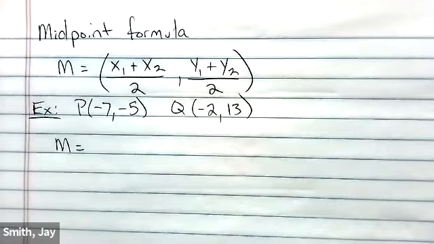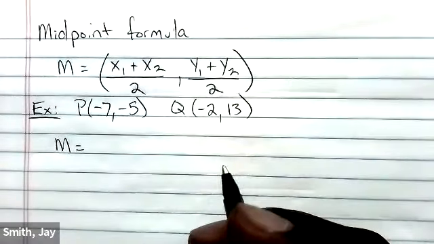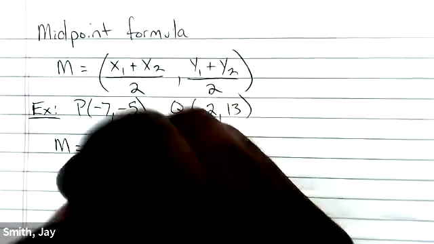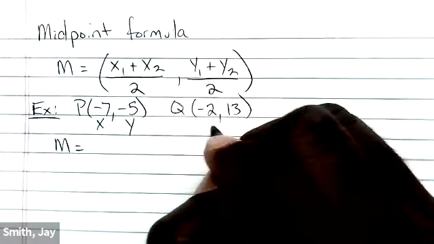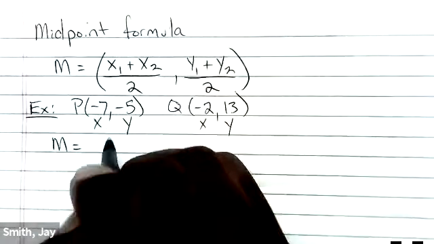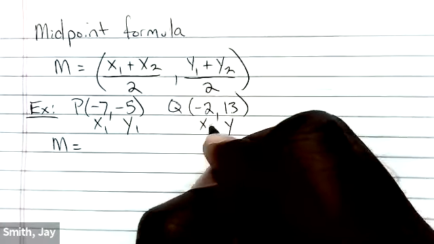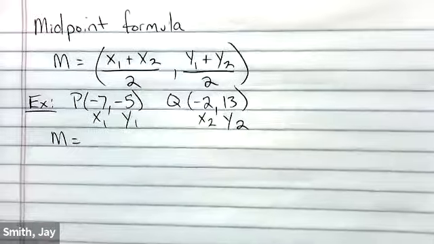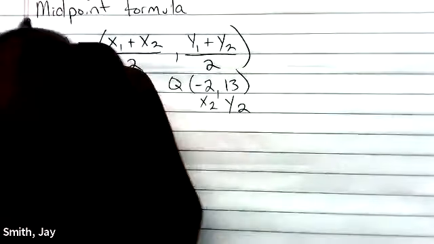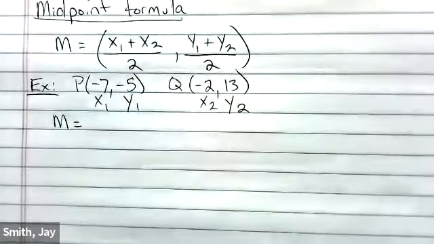Like I've said before, the most common mistake that I see with problems like these, and this is true for distance, midpoint, and the slope formula, is mislabeling our points. So once again, x comes first, y comes second in every ordered pair: my first x, my first y, second x, second y. It's a very small step, but I can tell you it pretty much eliminates the most common mistake I see with these problems.